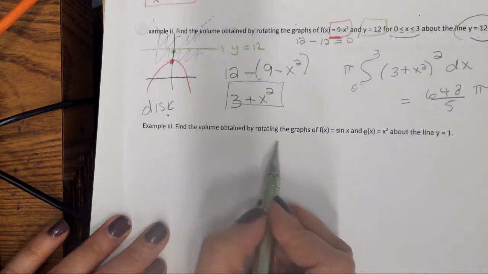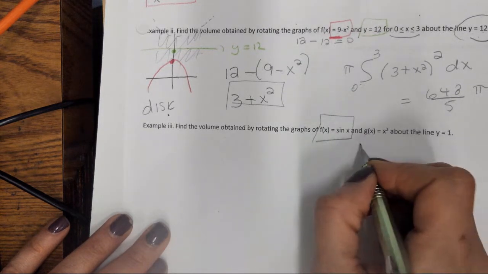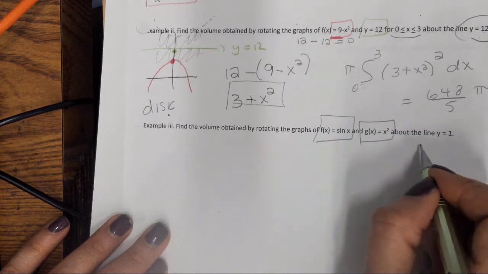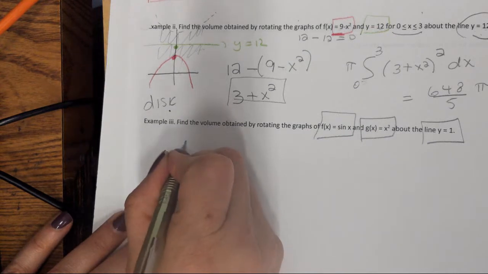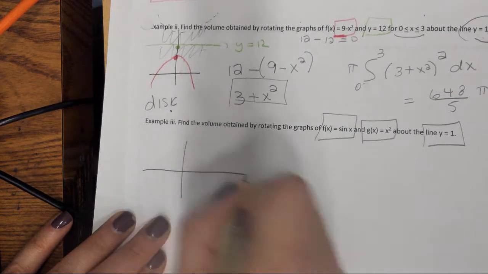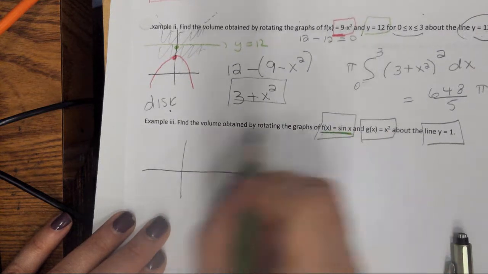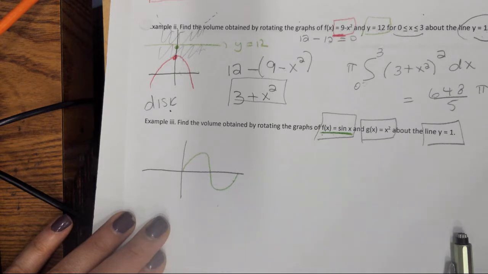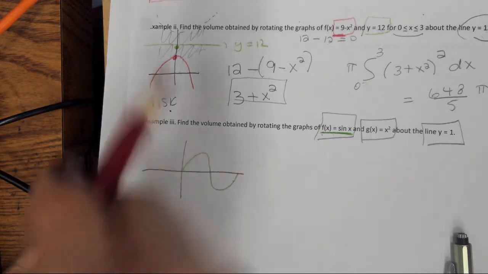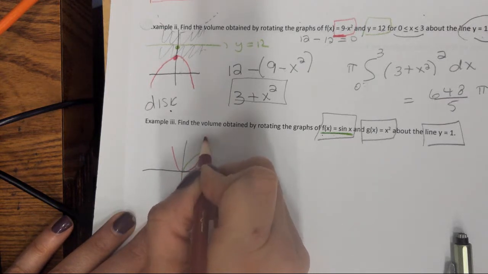Find the volume obtained by rotating the graphs of f of x equals sine of x and g of x equals x squared about the line y equals 1. So, important to draw the sketches. I know sine of x, well, let's do him in green. Sine of x looks something like that. And I know x squared is something like this.